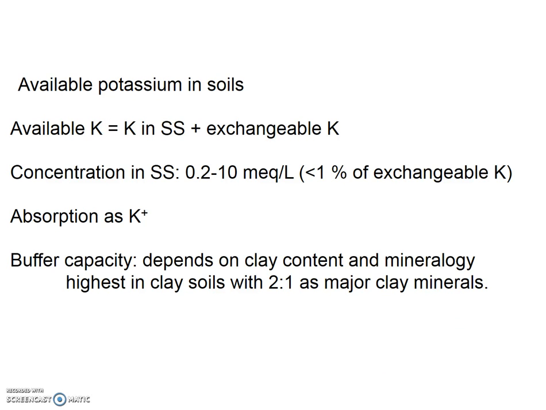The available potassium in the soil will be the sum of the potassium in the soil solution plus the exchangeable potassium. The concentration in the soil solution typically lies between 0.2 and 10 milliequivalents per liter. It means that less than 1% of exchangeable potassium is going to be in the soil solution.